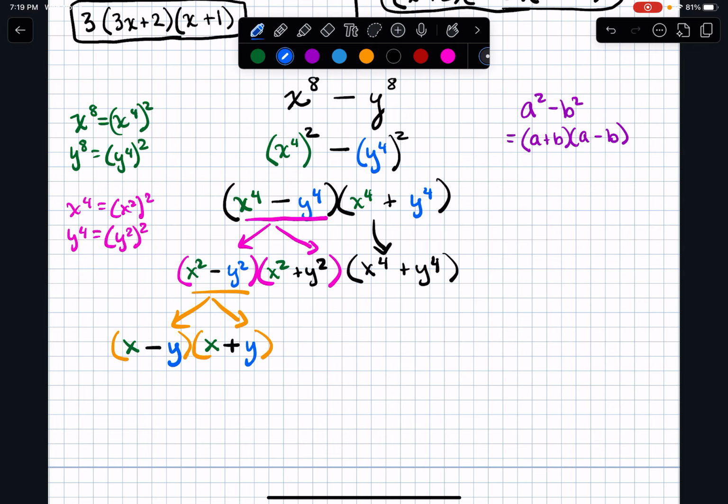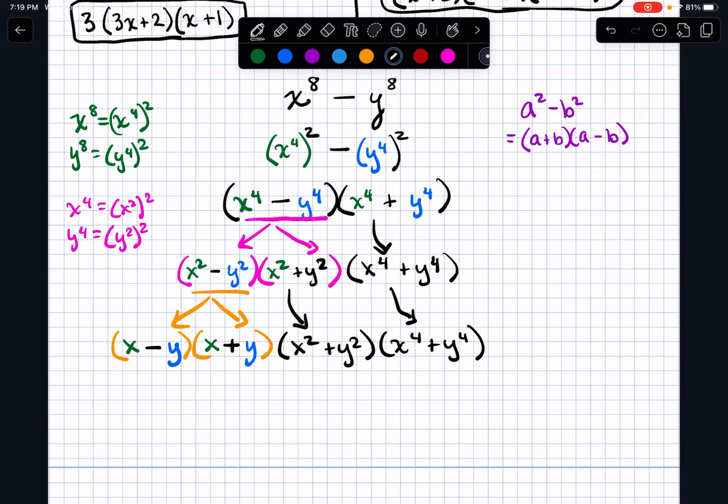So once again, I have a difference of squares. But my factors that were not differences of squares are just chilling. They're finished.